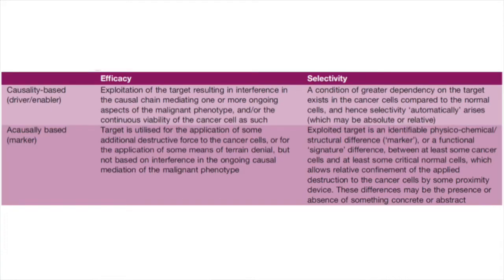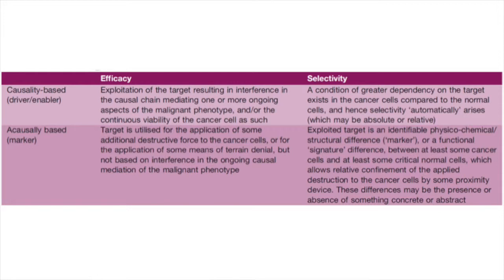It can be seen from the 2x2 table in Table 1 that these two required goals are achieved in completely different ways by causally based and acausally based therapies. For causal targets, efficacy is achieved by inhibiting the causal chain that maintains the malignant phenotype. We shall encounter a few examples shortly. Selectivity, in this case, is meant to arise because the causal chain is relatively confined to the cancer cells.